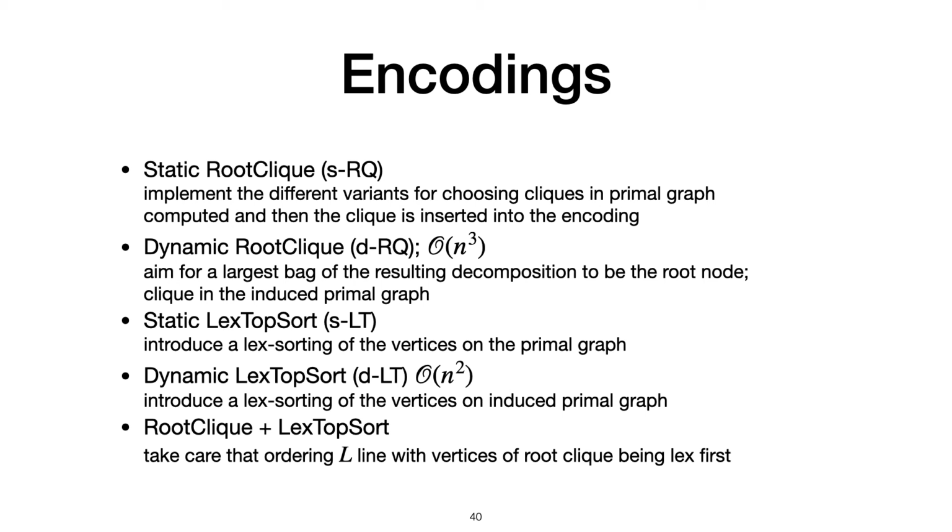There we aim for a largest bag of the resulting decomposition to be the root, and the clique is in the induced primal graph. For static LexTopsort, we introduce a lexicographic sorting of the vertices on the primal graph. For the dynamic LexTopsort, we introduce a lexicographic sorting of the vertices on the induced primal graph.